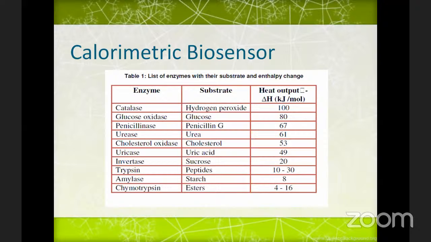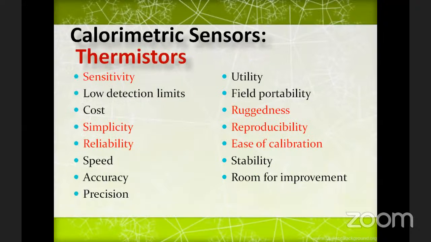Therefore, what are the characteristics that are required for a thermistor, or the thermally sensitive biotransducer? A few important characteristics are highlighted here. The sensitivity of the biosensor is very important in the case of a thermal sensitive biosensor, because the temperature variation is very low, in the order of low values of Kelvin.